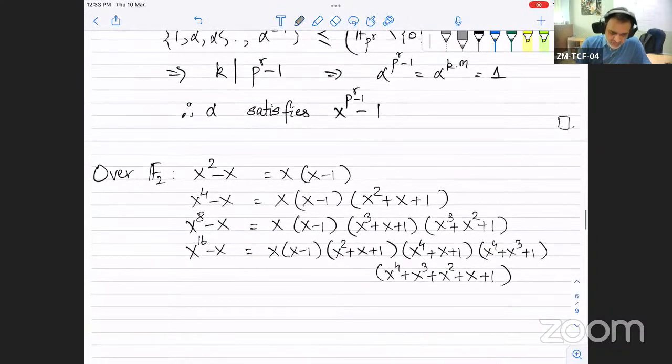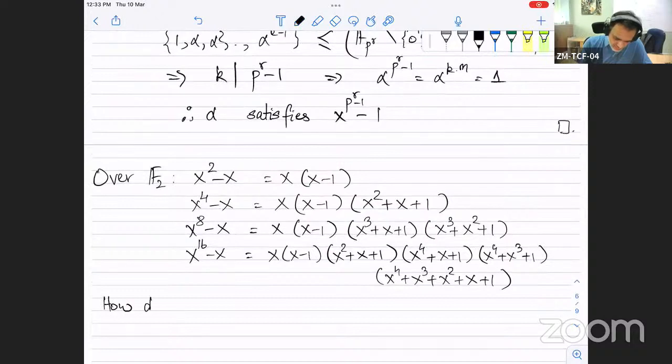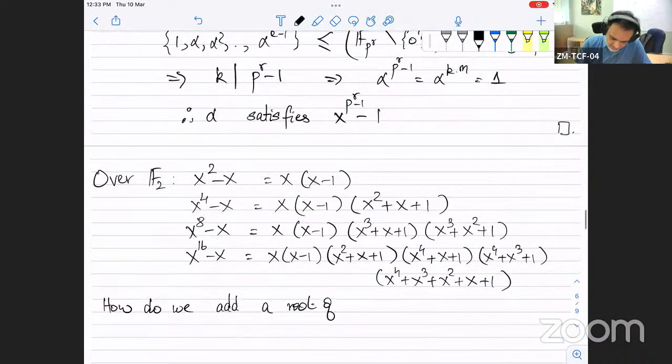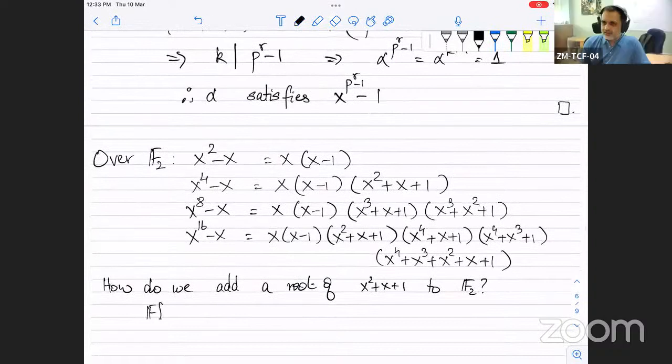How do we add a root of x squared plus x plus 1 to F2? What we would have done is look at this particular object, x squared plus x plus 1, and it turns out this was the field F4 that we just constructed.